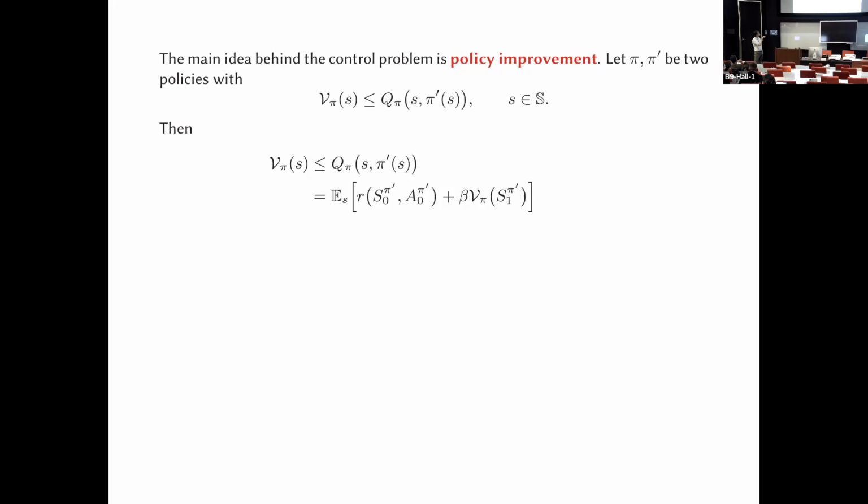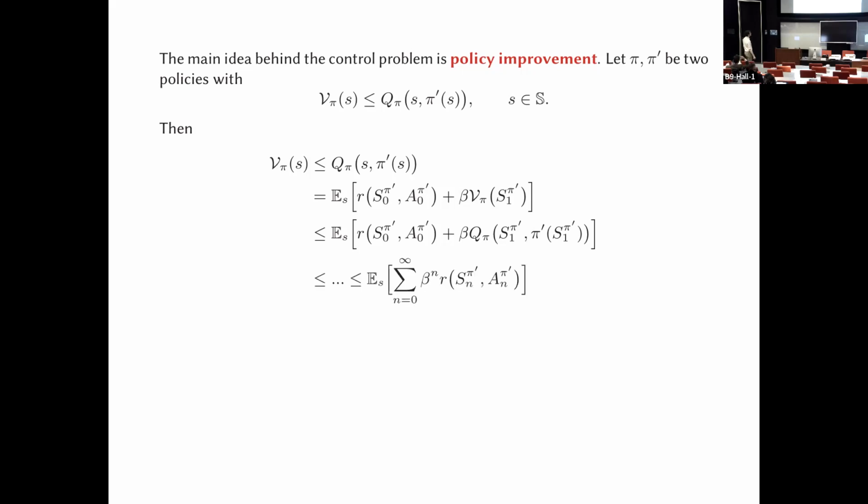So I receive the reward when I use policy pi prime. Then at time 1, I'm in S1, but computed using pi prime. And then I have to follow policy pi. And that's the value function of pi.